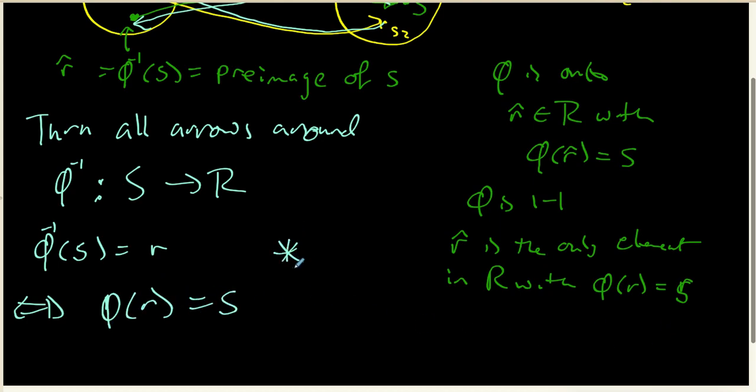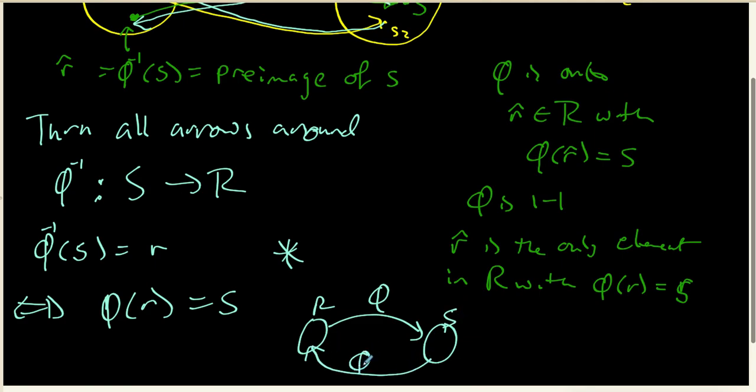And so this is a basic important property of ring isomorphisms, that they always come in pairs, one going from R to S, and then one going back from S to R.